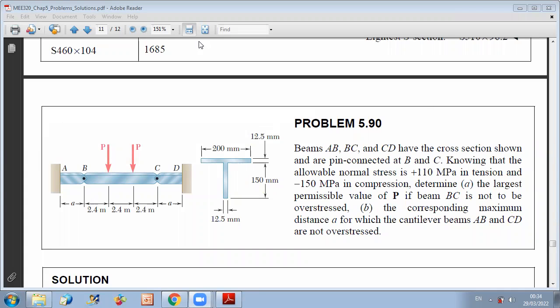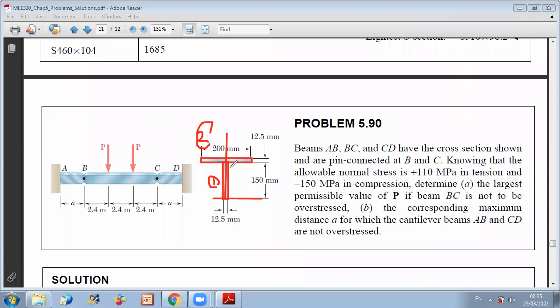So here we can divide our cross section into two parts. This is part 1, and this is part 2. We can take as reference origin this level, and this is y. So we have y1, y2, A1, A2. They are very simple to calculate. You have rectangles here.